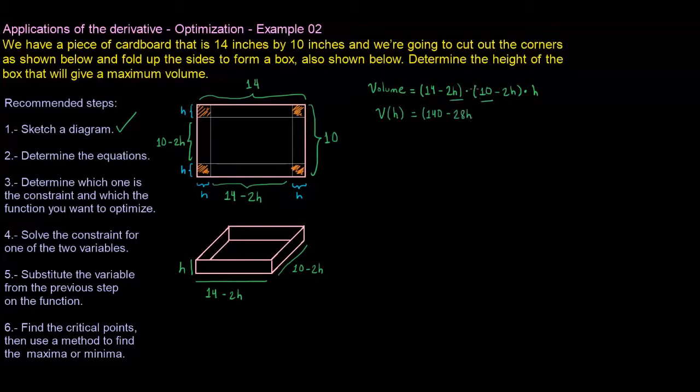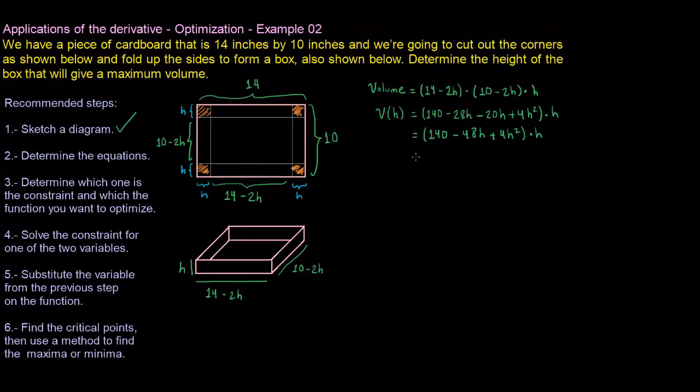Then these two will make negative 20 times h, and then plus 4 times h squared, and it will be times h. Now we can simplify things here. It will look like this: 140 minus 48 times h plus 4 times h squared, times h.